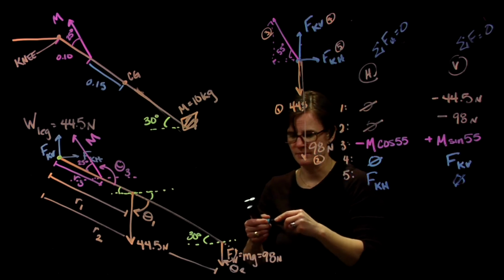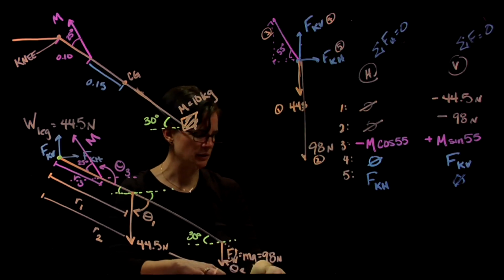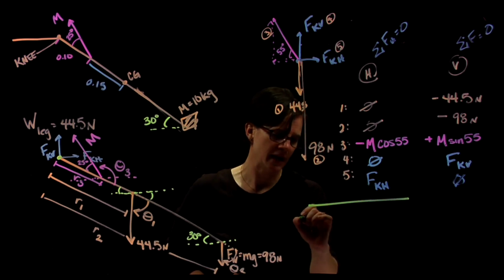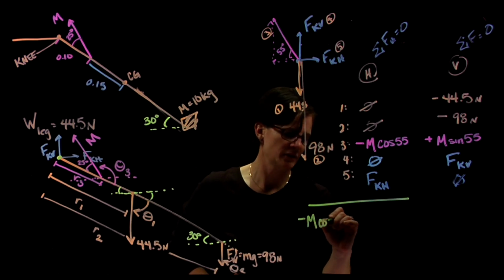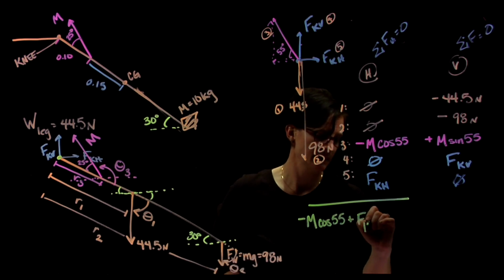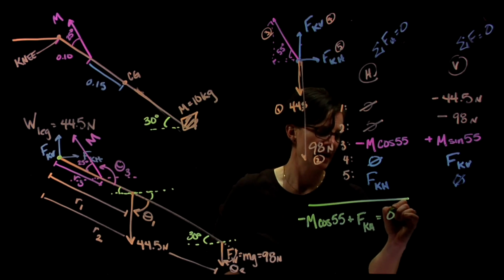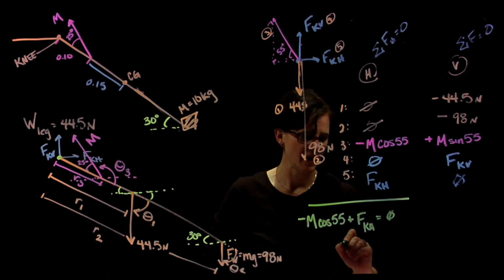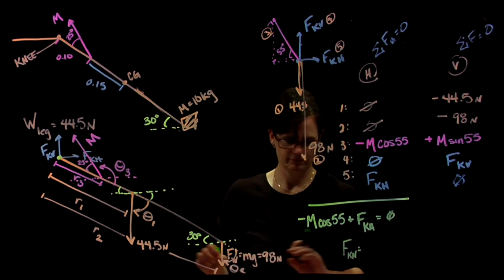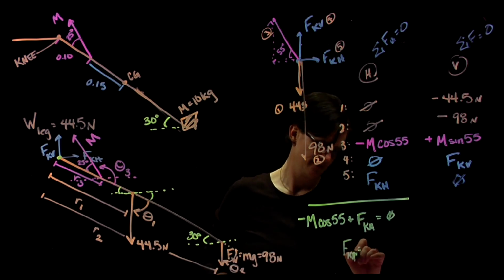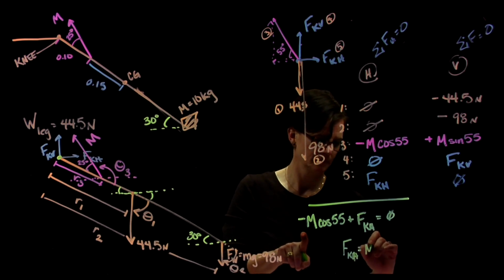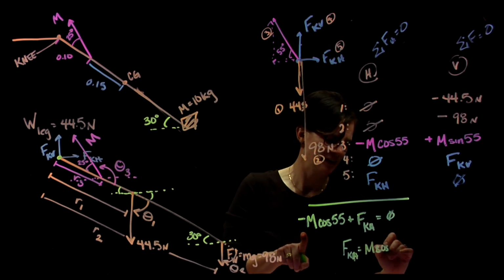So let's look at horizontal. I have minus M times the cosine of 55 plus whatever the force is, horizontal, that has to equal 0. So I find that my horizontal force by my knee, that should be an H, sorry, is equal to the muscle force, M, times the cosine of 55.